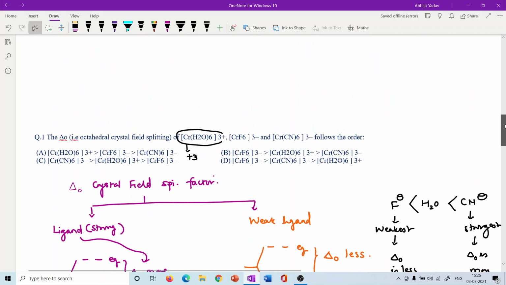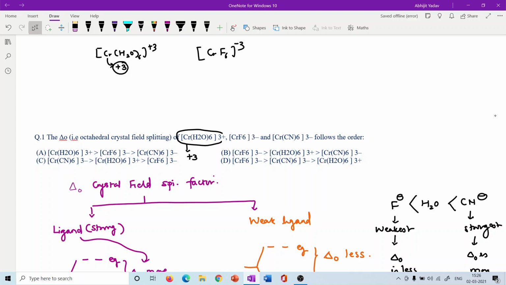Here [Cr(H2O)6]3+, it is +3. Second, [CrF6]3-, again +3 oxidation state, and the next one, [Cr(CN)6]3-, again +3 oxidation state. So chromium is everywhere in +3 oxidation state, but the splitting is different.